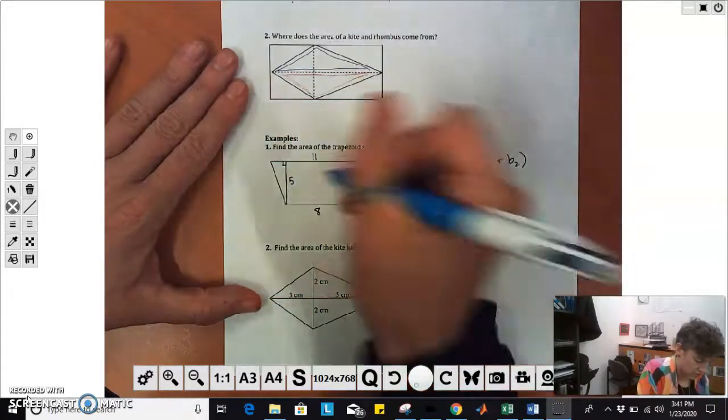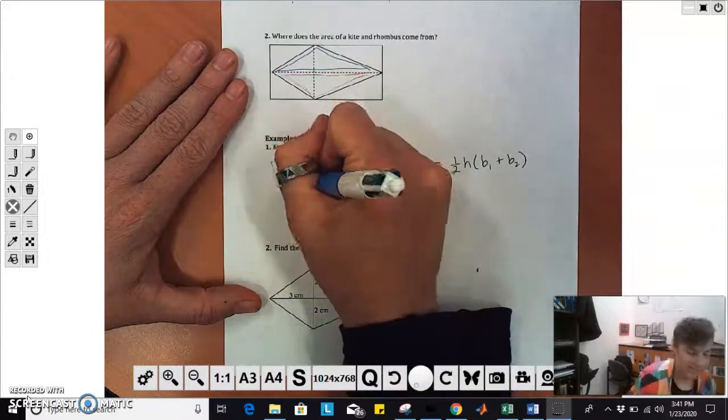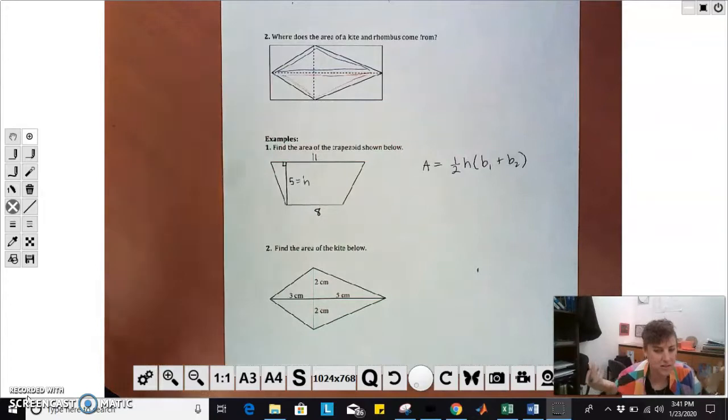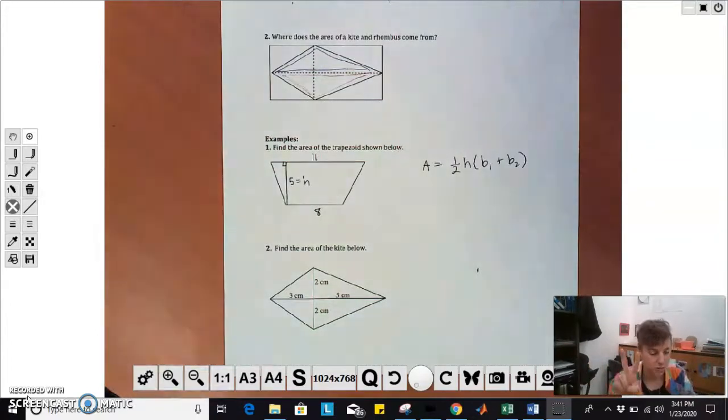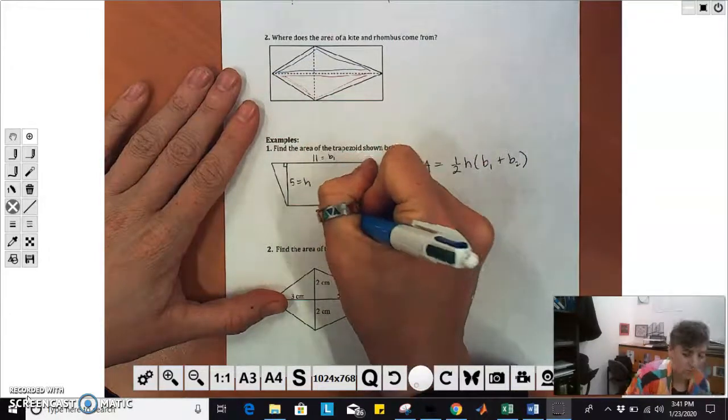What's our height? Well, it's perpendicular to a base, so that's our height. And then it doesn't really matter which one's base 1 and base 2 because we're adding. You can add things in different orders, right? Like 2 plus 3, that's 5. But 3 plus 2 is 5. So you could add things whatever order you want. So let's call that B1 and B2.